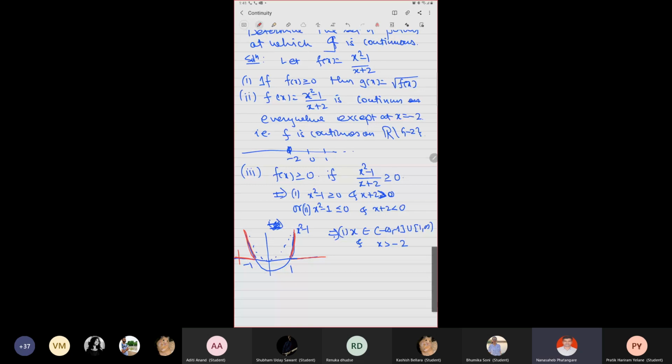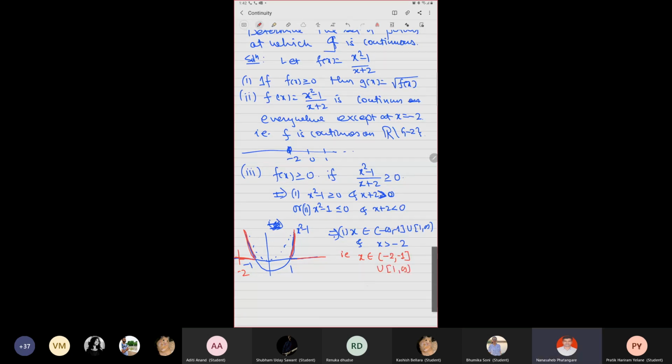Where is -2? -2 is here. If you see the figure, the intersection of these two is x in -2 to -1 union 1 to infinity.